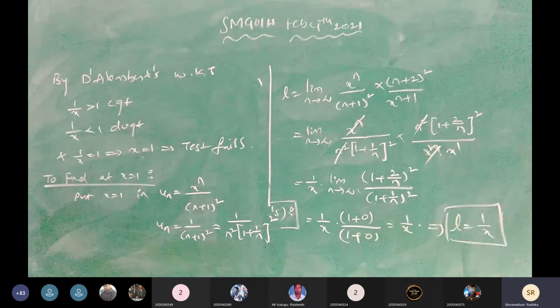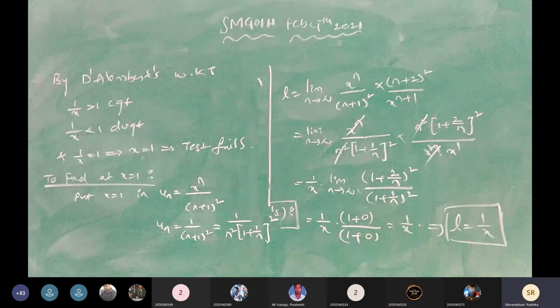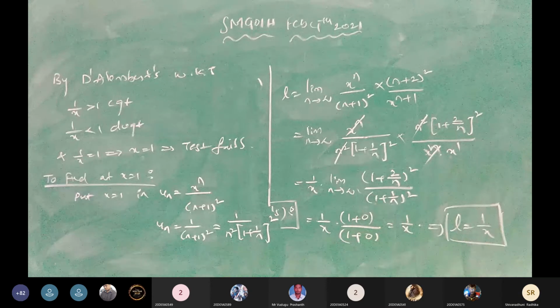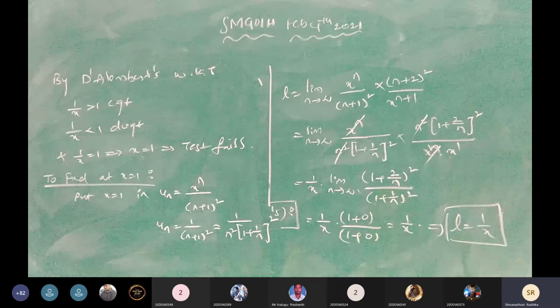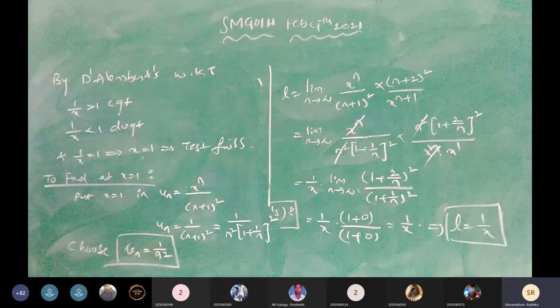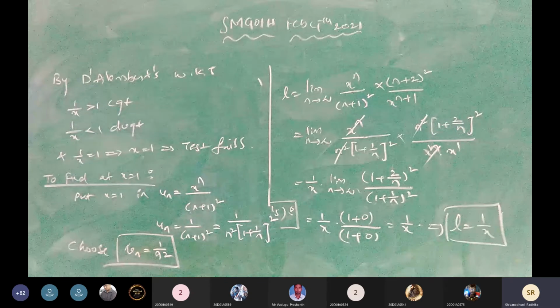What is the procedure of comparison? Yes, ma'am? Yes. vn equals 1 by n square. Very good. Choose vn. Now is this convergent or divergent? Convergent. Very good.